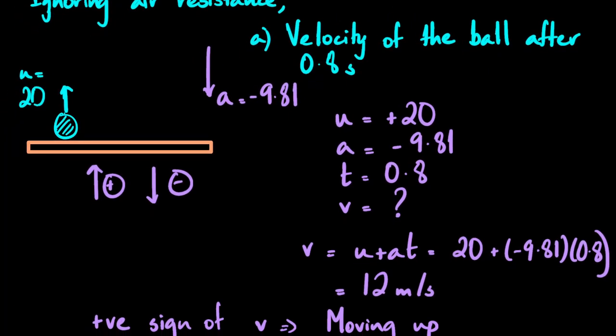We know that when this is thrown upwards, at some point it's going to reach its maximum height. This is the point where it reaches the maximum height and then it comes back down. So the idea is that whatever time it takes to go from here till the maximum height is also the time that it takes to go from the maximum height back down to the ground. So these times are equal.